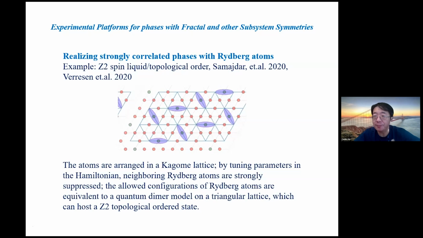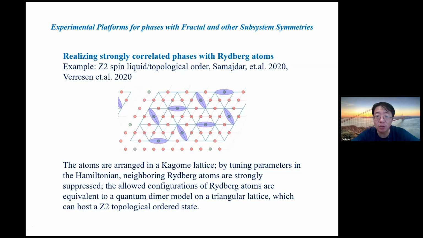The paper makes use of the strong repulsion between neighboring Rydberg atoms. By tuning the parameters, they can realize a phase where on every hexagon there's only one Rydberg atom, because the strong repulsive interaction does not like the system to have more than one Rydberg atom on every hexagon. Then all the Rydberg atom configurations can be mapped to the configurations of the quantum dimer model on a triangular lattice.